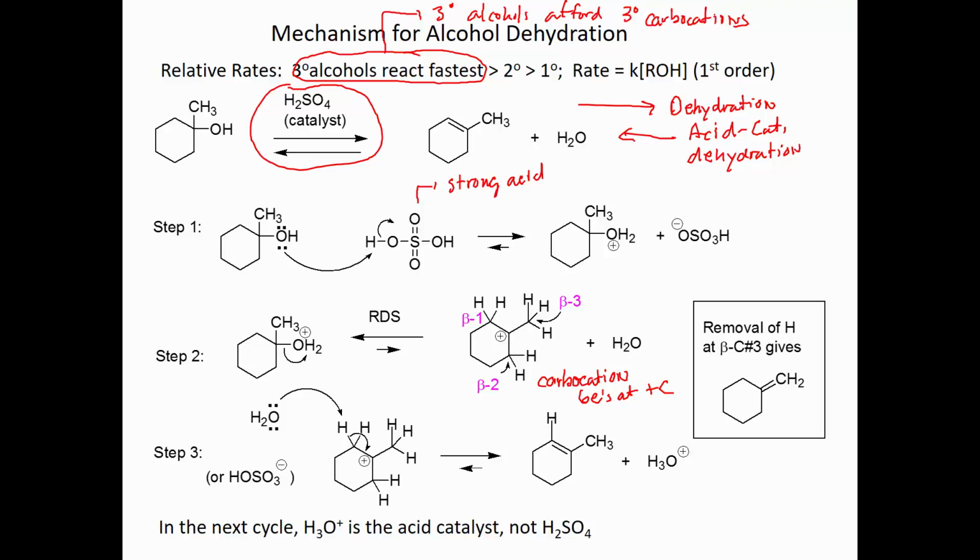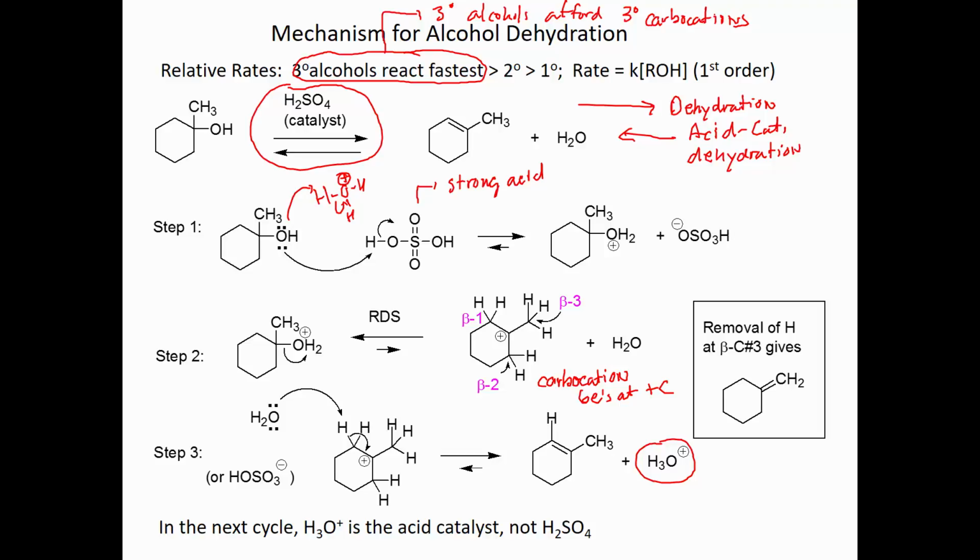In the next cycle, we're not necessarily using sulfuric acid. We might be using H3O+. So imagine that if we had H3O+, we could use a similar set of arrows to protonate our compound as well. Right there in the second cycle, it could be H2SO4 or it could be H3O+.